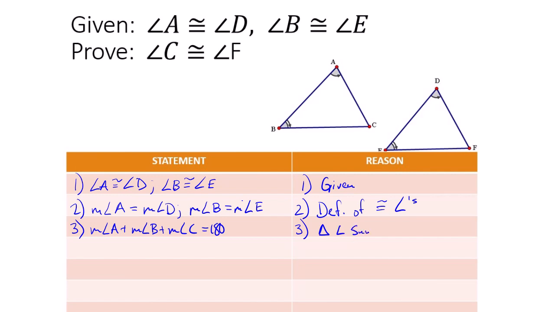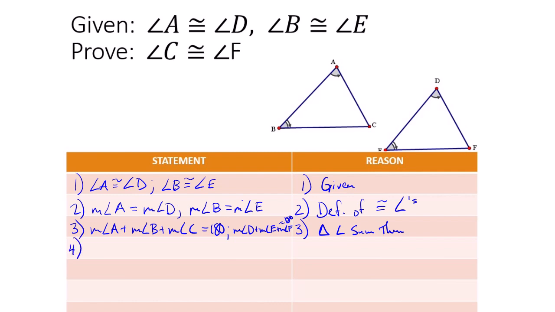Then I'm going to say the same thing about the other triangle: measure of angle D plus the measure of angle E plus the measure of angle F equals 180. Could have done a better job with my spacing there.